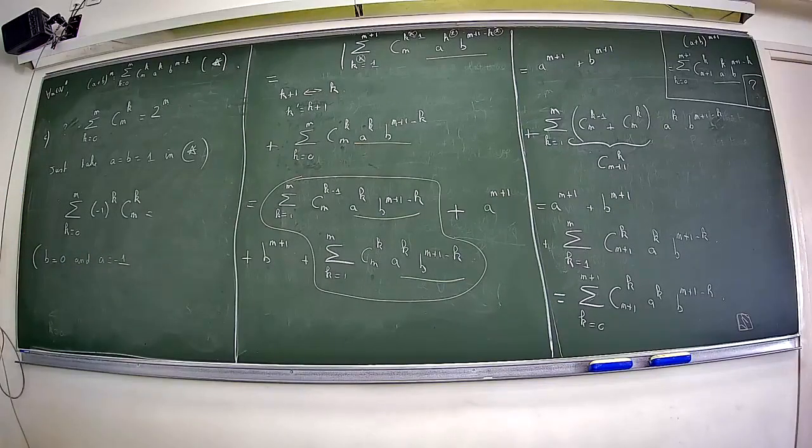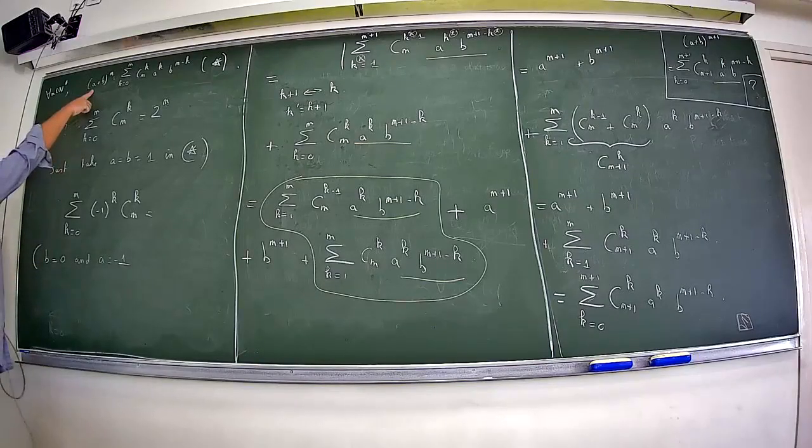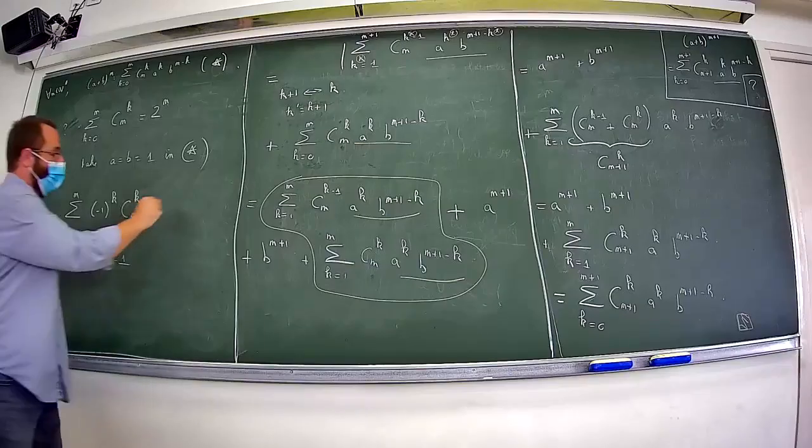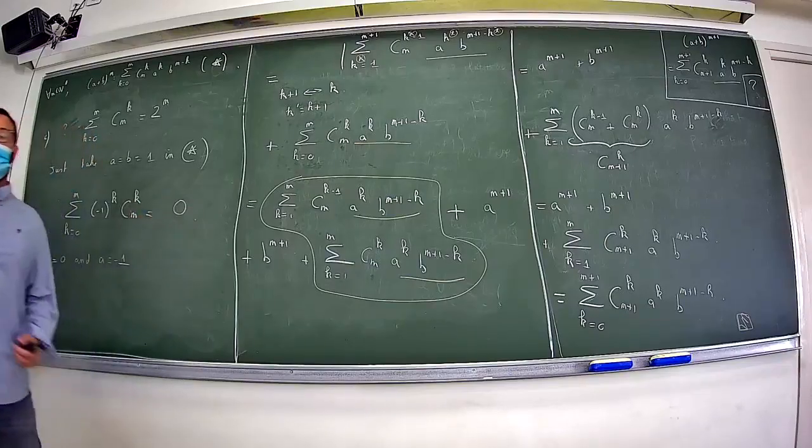If I do this, I obtain exactly from this term my sum. And if I plug inside A equal to minus 1 and B equal to 1, I obtain 0. Minus 1 plus 1 to the power n is equal to 0. So you have exactly this.